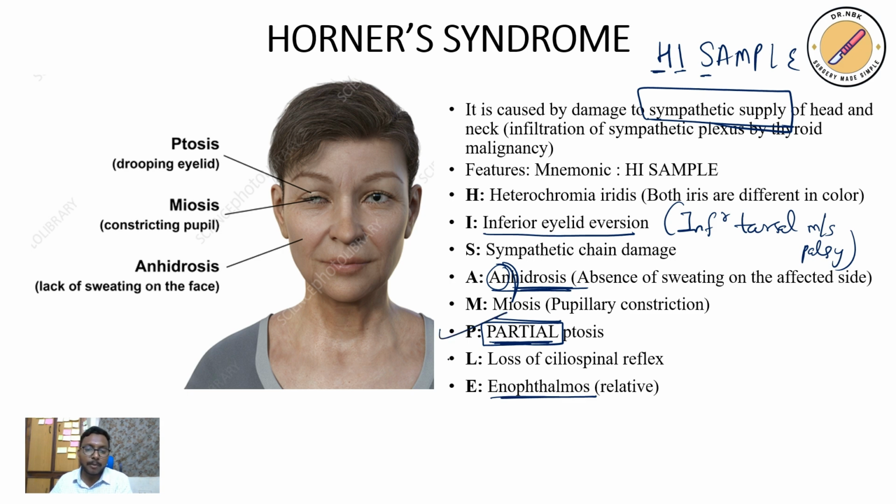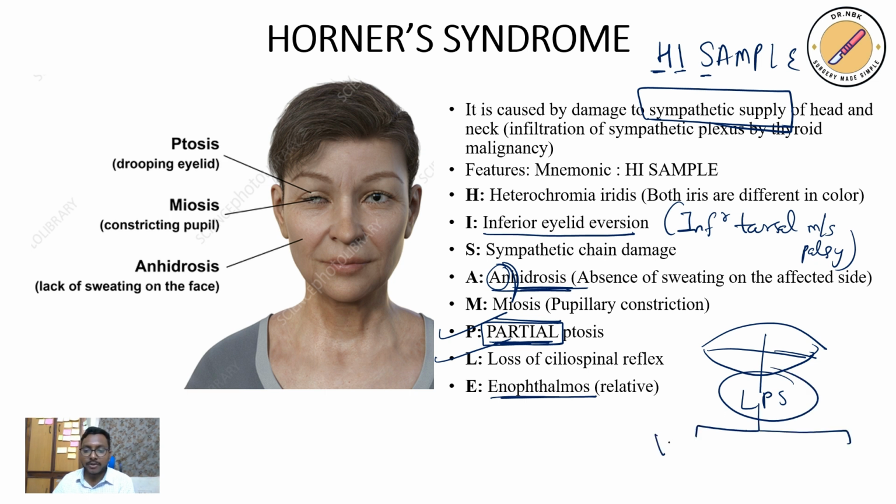Now we will discuss more about partial ptosis and loss of ciliospinal reflex. So please understand, why is there partial ptosis, why not complete ptosis. For you to elevate your upper eyelid, the upper eyelid has the levator palpebrae superioris muscle. It has two important components. One is a voluntary component. Second one is an involuntary component.